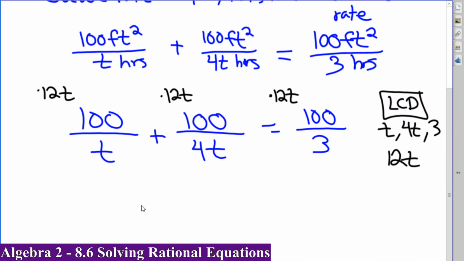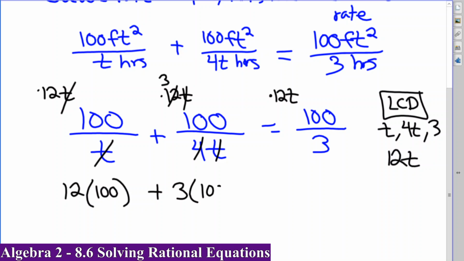Okay? So my t's are going to cancel out. I get 12 times 100. T's are going to cancel out again here, and 4 and 12 simplify to 3. So 3 times 100. And then 3 and 12 simplify to 4, and we have 4t times 100 on the right side of my equation.